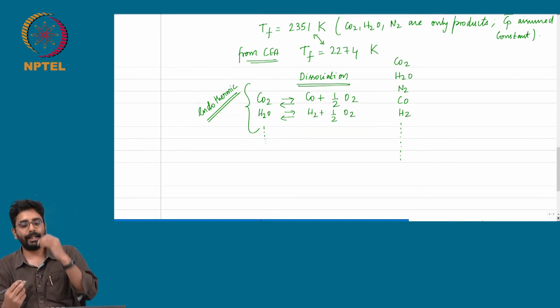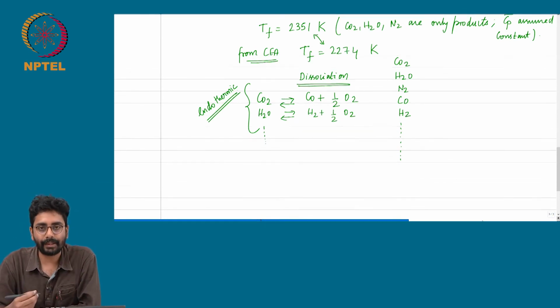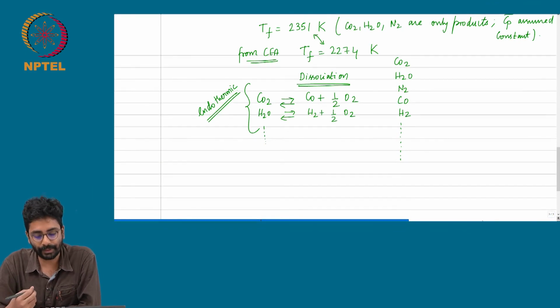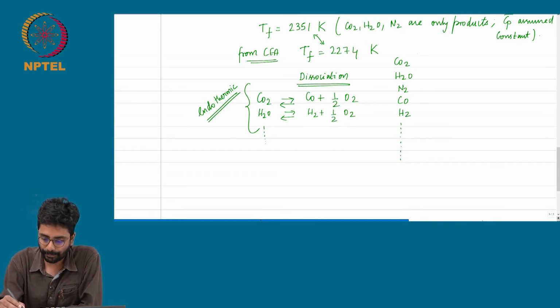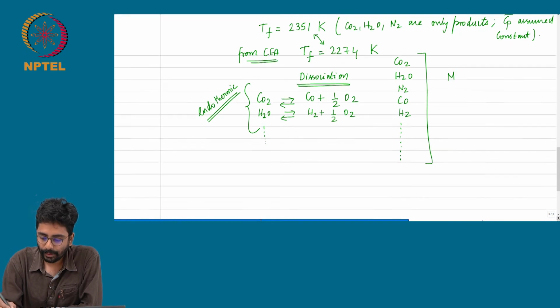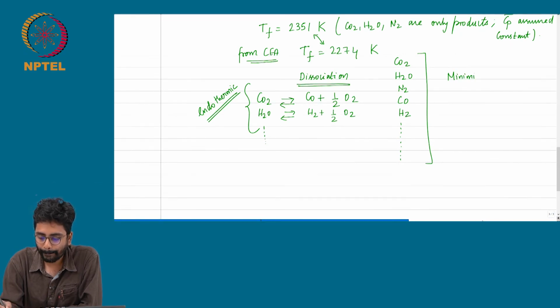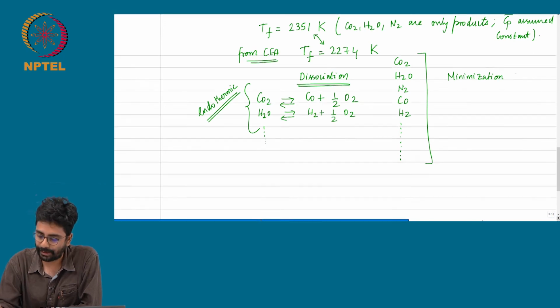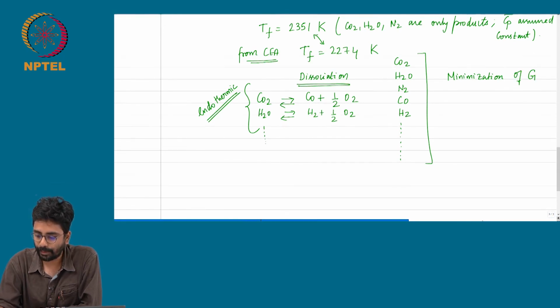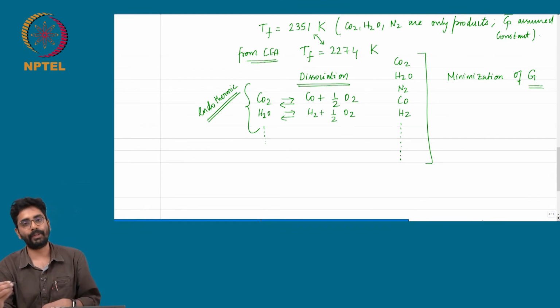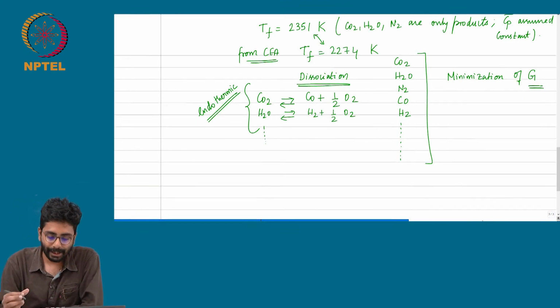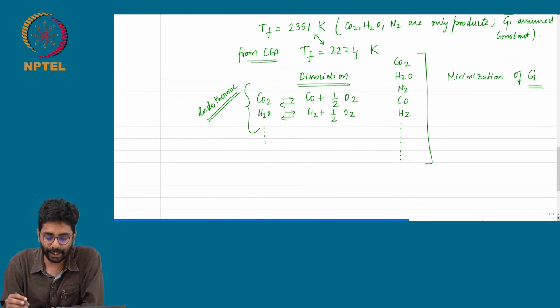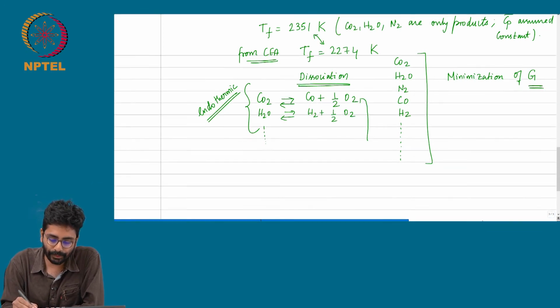Okay. And the way NASA CEA calculates the equilibrium temperature is by minimization of Gibbs free energy. The standard thermodynamic procedure for calculating equilibrium states, minimization of Gibbs free energy. I will not go into the details, but I leave it as an exercise for you to try and calculate the equilibrium composition.